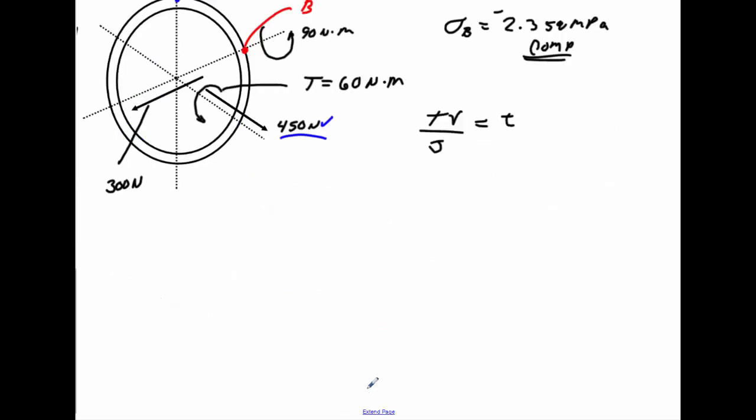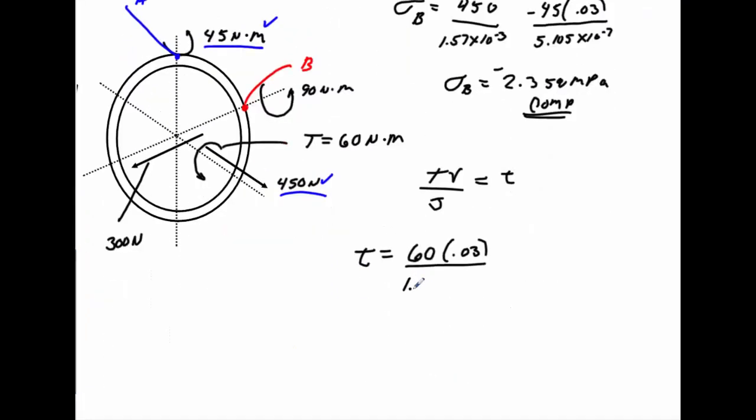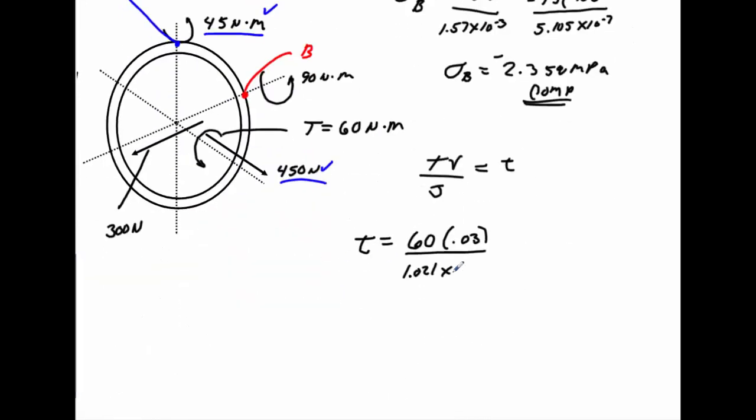Let's go down here so that we can say the shear is going to equal 60 newton-meters times my R value, which would be the distance out to the outer fiber, which would be 0.03, divided by the polar moment of inertia, 1.021 times 10 to the minus 6. And that gives us a value of 1.763 megapascals.